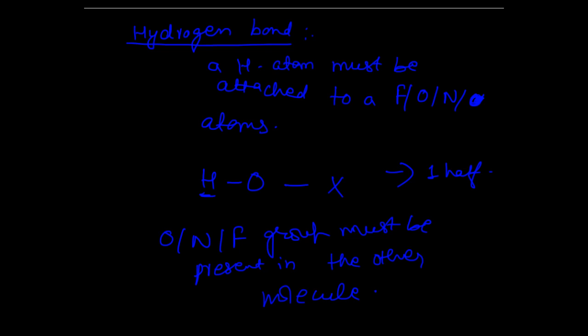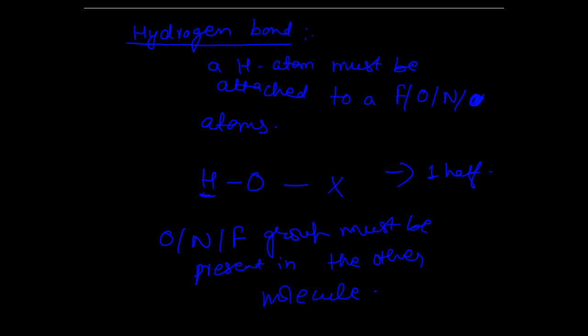If you are not clear, I will clarify using examples next, but let's focus on this definition again. For the formation of hydrogen bond, a hydrogen atom must be present because, as the name suggests, it is a hydrogen bond. The hydrogen atom must be attached to a fluorine, oxygen, or nitrogen atom. That is, it must form a covalent bond with the fluorine, oxygen, or nitrogen. Now, this alone is not enough.